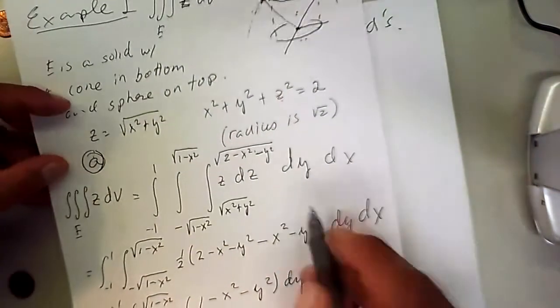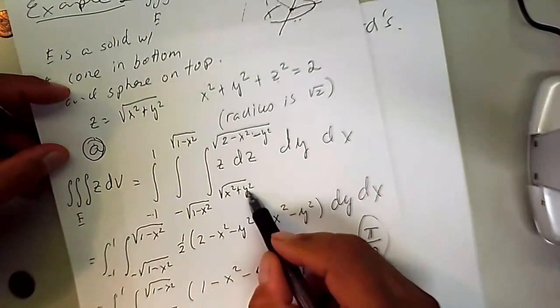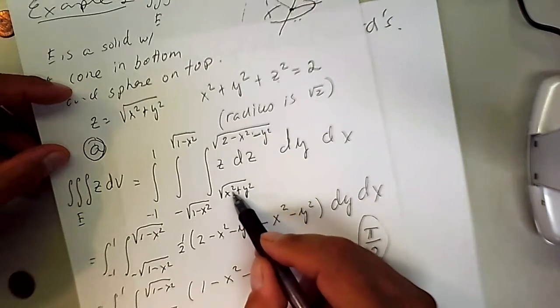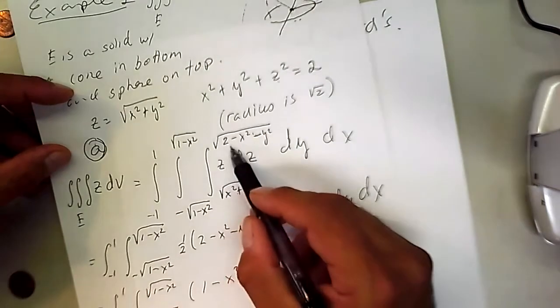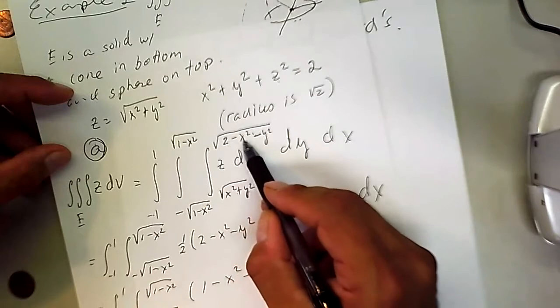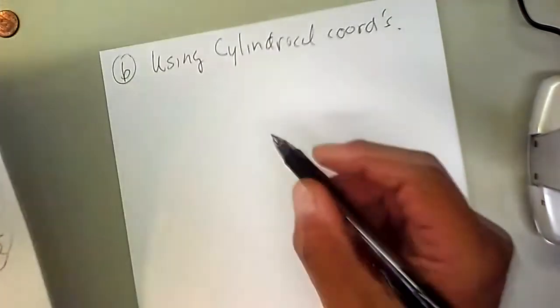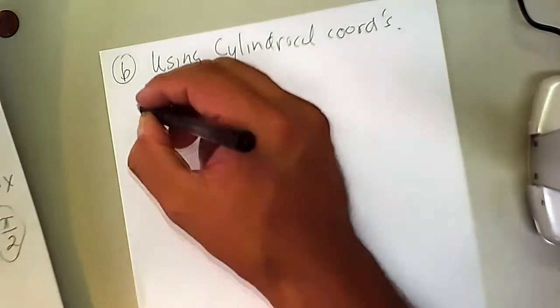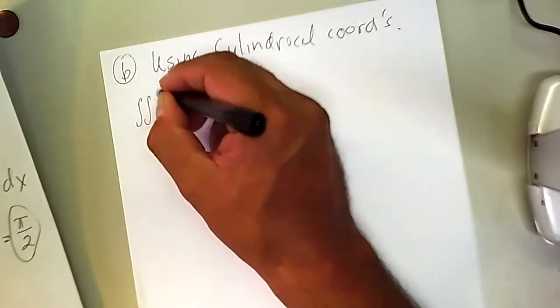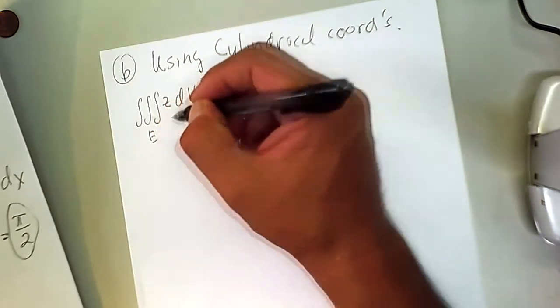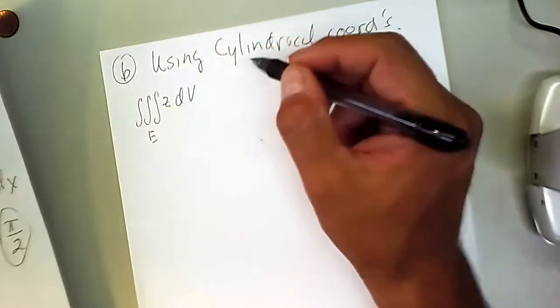So in cylindrical coordinates, remember, x squared plus y squared is r squared. Take the square root of that, and we end up with r. Here we have 2 minus r squared. So using cylindrical coordinates, the triple integral of z with respect to volume over the same solid.